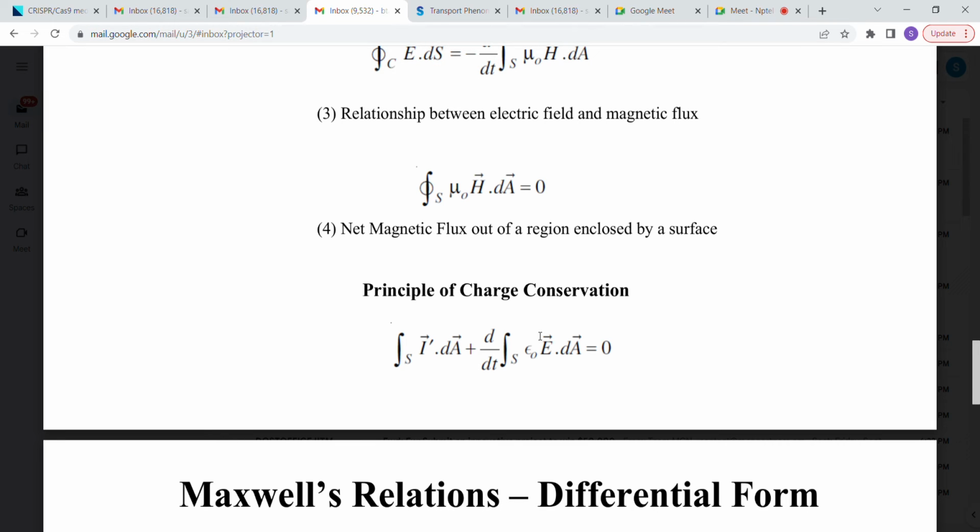If there is no addition or subtraction of charge within the volume element, we take the volume element with the charge as is, and there's a current that keeps going out. That should be equal to the decrease in charge per unit time, which is represented by the time rate of change of electric flux over the area.